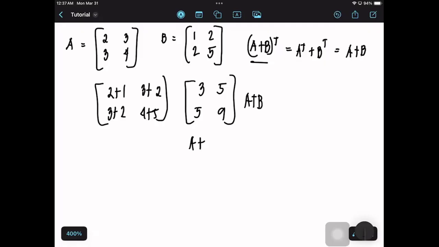The transpose of that one will become 3, 5, 5, 9, since the first row becomes the first column and the second row becomes the second column.